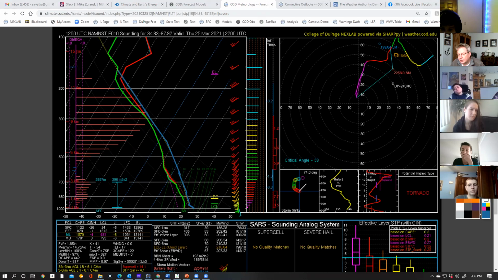Here's the temperature in red. I really want you to think about this one here. So right there is your tropopause. It's also the EL.